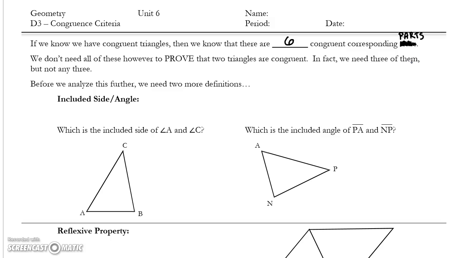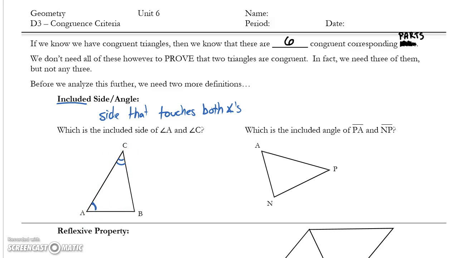First is something that's new, and it's called the included side or the included angle. Included side is the side that touches both angles. So what is the included side of angle A here and angle C up here?